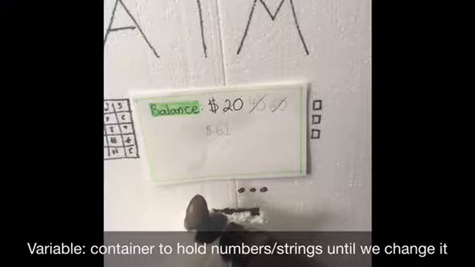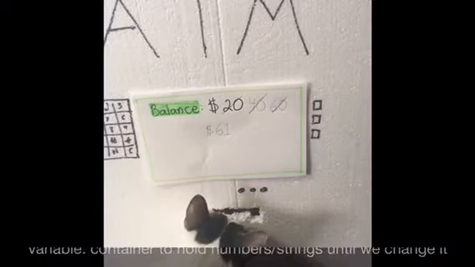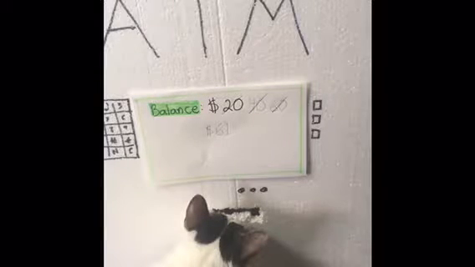In this case, for an ATM, the variable called balance was holding $20 until it updated to 40, then 60, then 61. It was a container to hold a number.